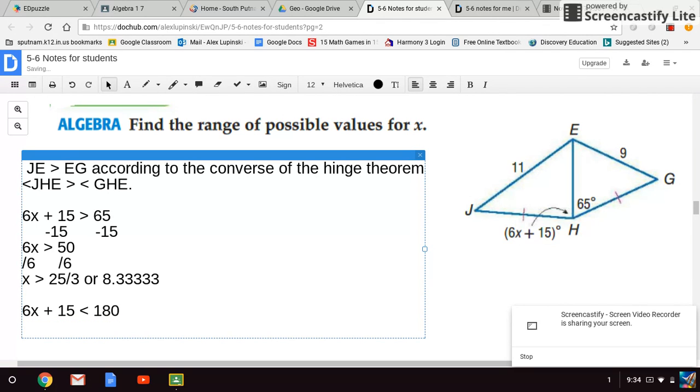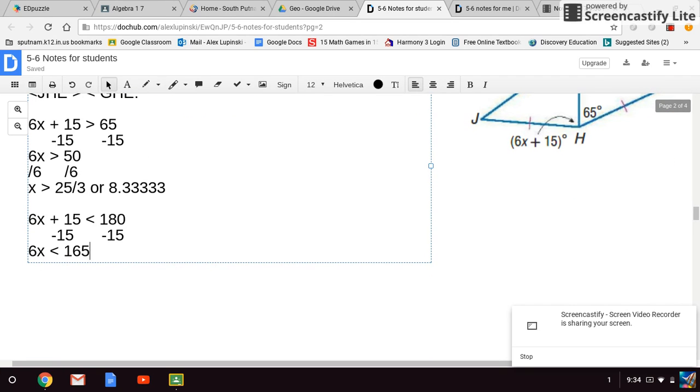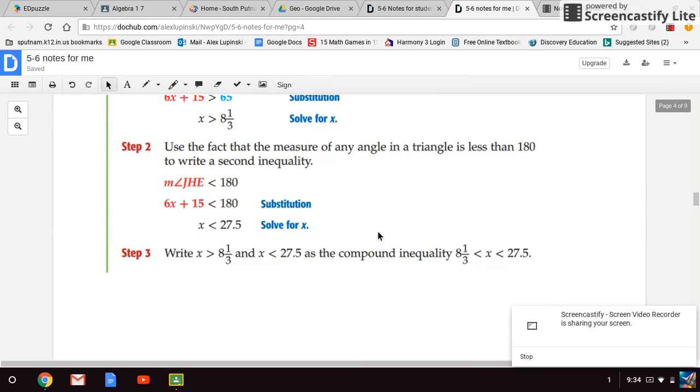So we solve for this again. Subtract 15. So 6x is less than 165. And then we have to divide by 6. So we get x is less than, and this would reduce to 27.5. Let me go to my cheat sheet really quick, just to make sure I'm not being crazy.